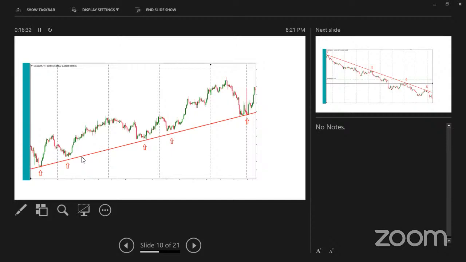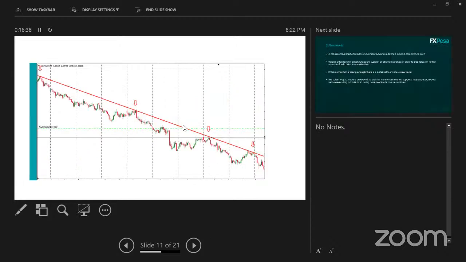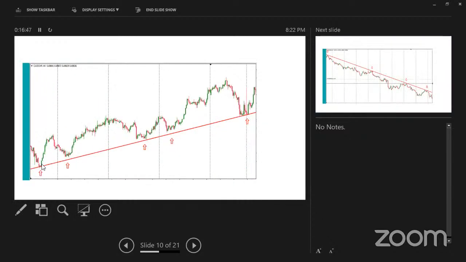So let us see how you can draw a trend line attaching the lower highs. You can see, guys, once the trend line in this example on the screen was drawn, it was used as a point of reference.